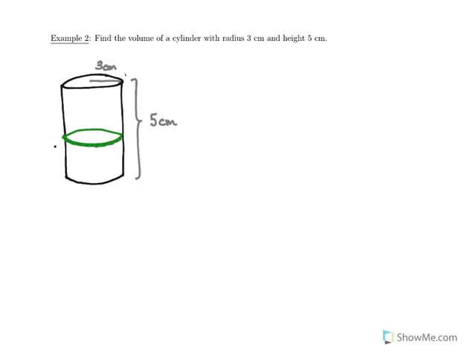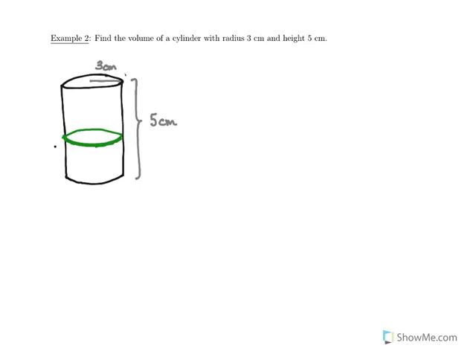We could also look at slices vertically, but that would not be as nice of a slice. We'd get a rectangle, but those rectangles would be different each time. That would be kind of hard to deal with. So the nice way of dealing with it is going to be with a circle or a little disc right there.